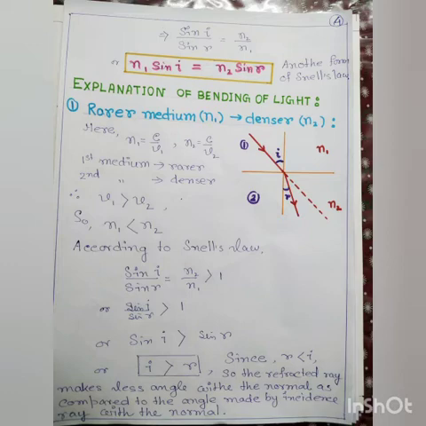Therefore, sin i by sin r will also be greater than 1. Hence, we can conclude sin i is greater than sin r, means i will be greater than r, means the incident angle will be greater than the refracted angle. Means the refracted ray makes a smaller angle with the normal as compared to the angle made by the incident ray with the normal. Hence, the refracted ray will bend towards the normal.